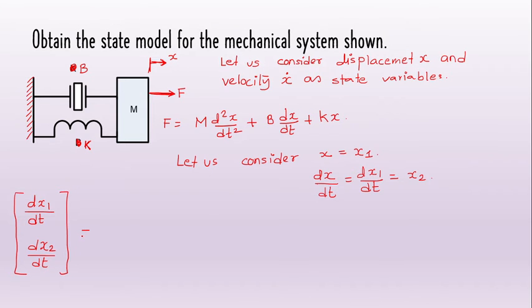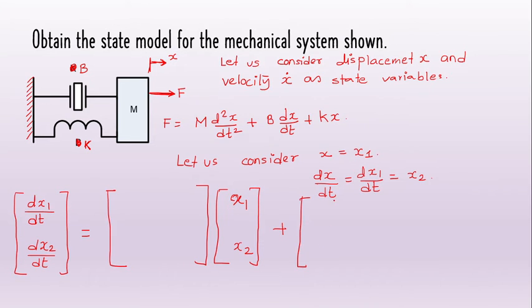This I have to express, and this will be my A matrix, and my x will be x1 and x2. Then there will be my B matrix, and the input to the system is my force. So I have to prepare this matrix A and B from this equation. How can I do that?